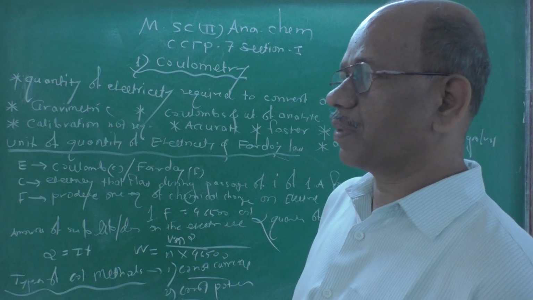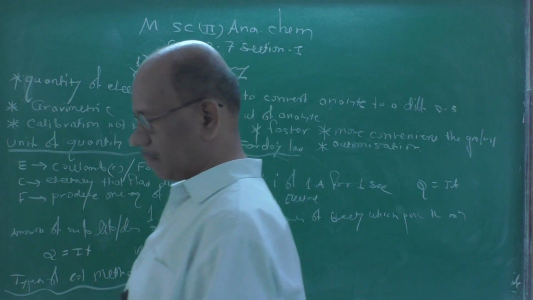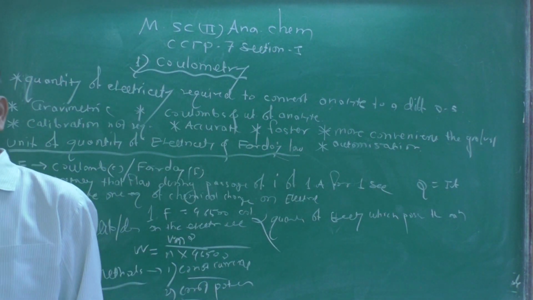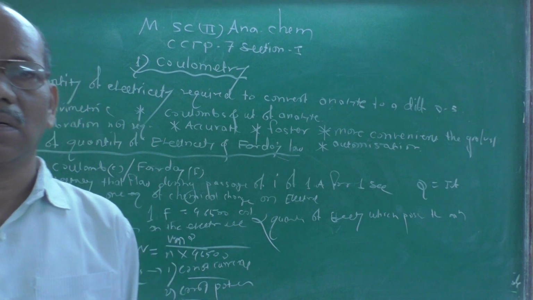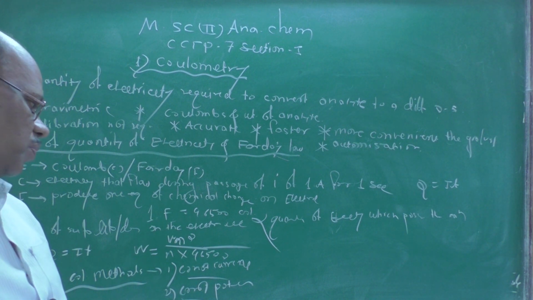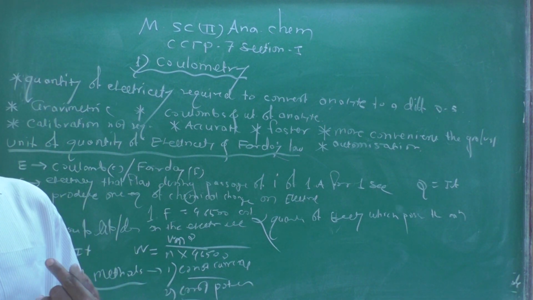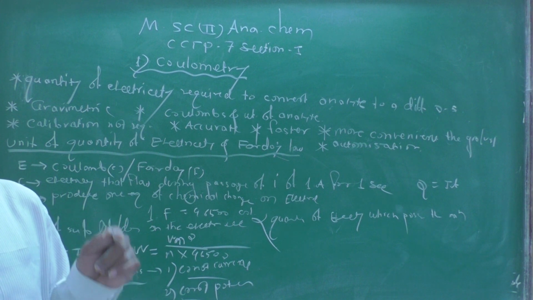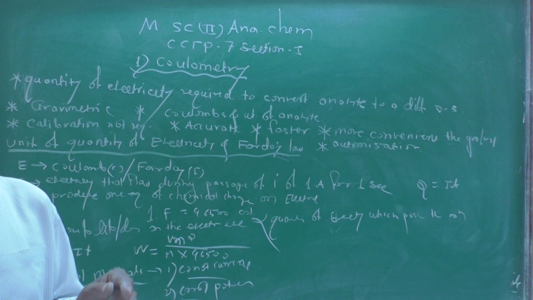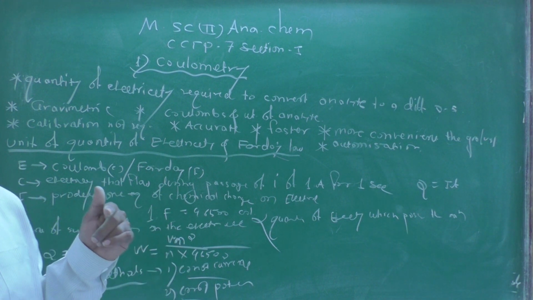And depending upon this particular concept, two coulometric methods are there. The coulometric method at constant potential, and second, the coulometric method at constant current. Means when it is at constant potential, current is varied.